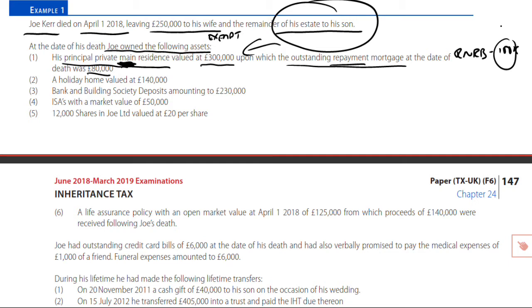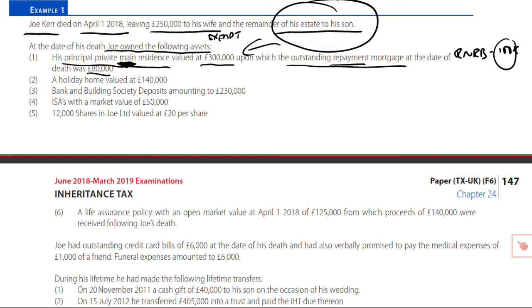Couldn't have used it, of course, before the 17/18 tax year, because there wasn't any residence nil rate band before 17/18. But there's no reference to any former spouse. Clearly that would be made very obvious to you, to know whether or not there was an unused residence nil rate band or even an unused nil rate band available from the death of a former spouse. So here it's just the £100,000.